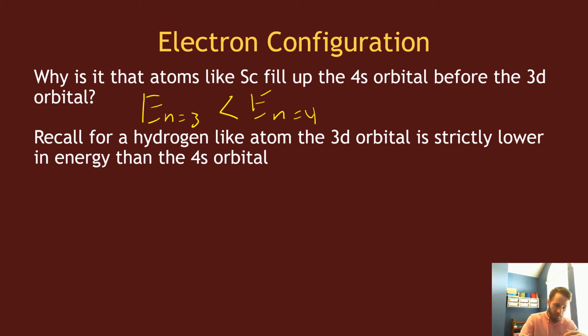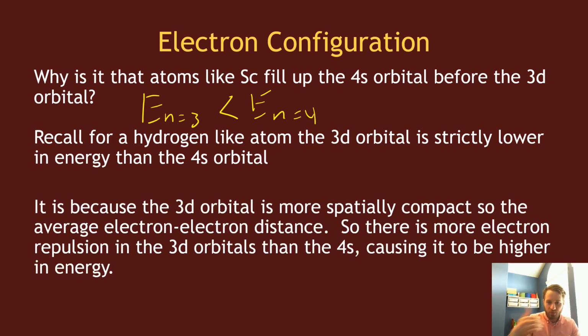And so you would expect to fill up the 3d orbitals before the 4s orbitals, but that's not the case. Your transition metals are not filled up in that way. The reason for that is because the average distance of electrons in 3d orbitals is closer to the nuclei than in the 4s orbitals.